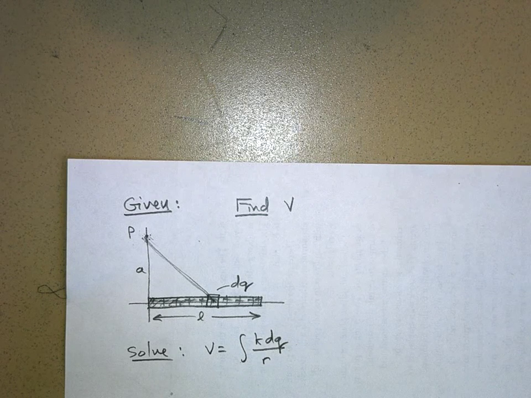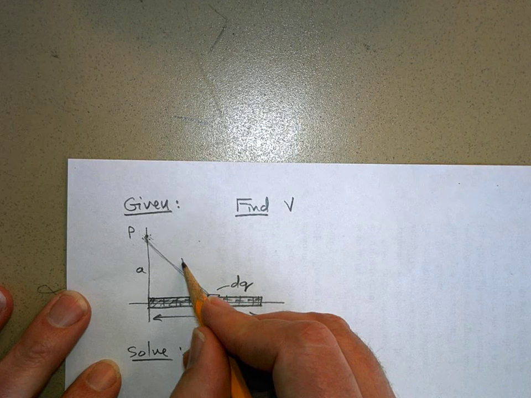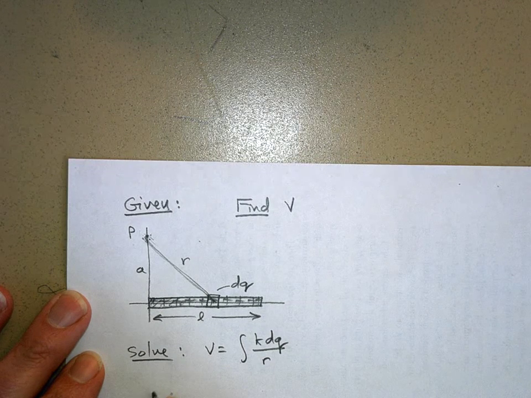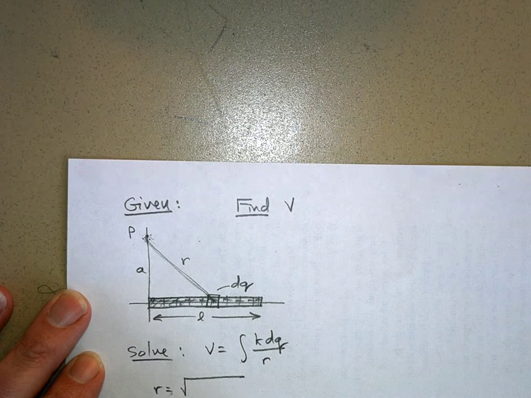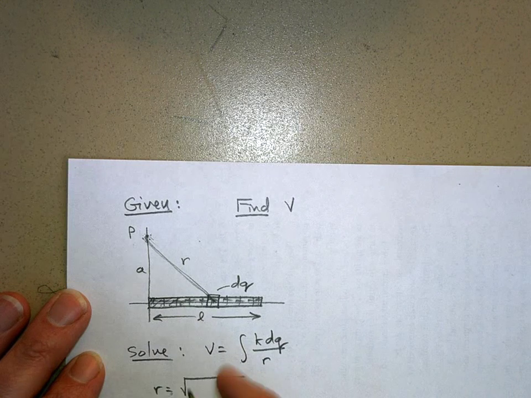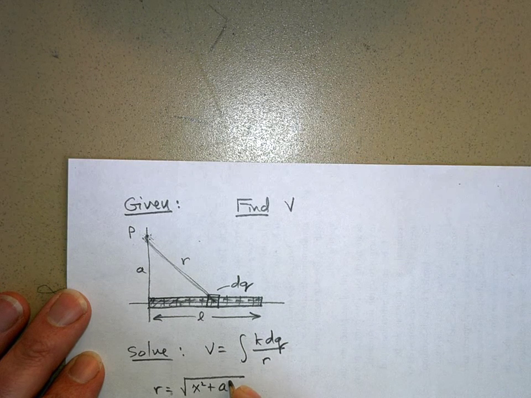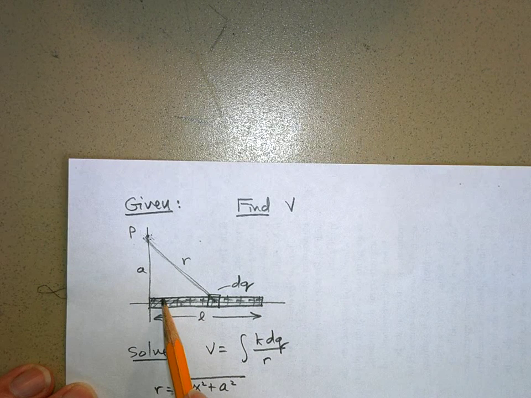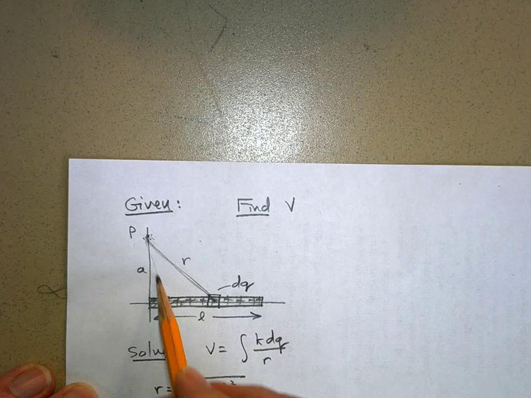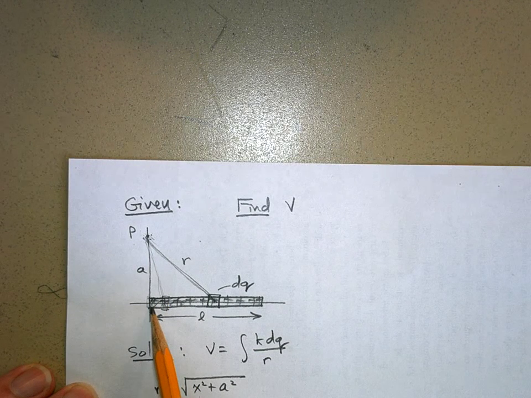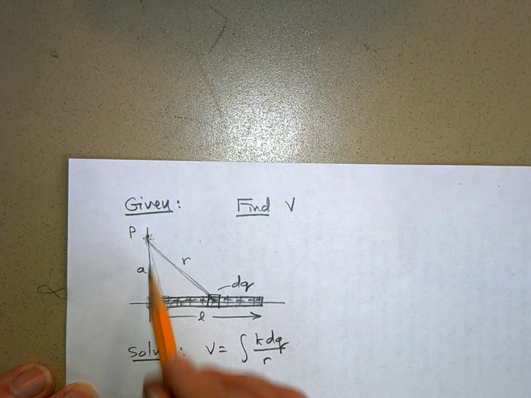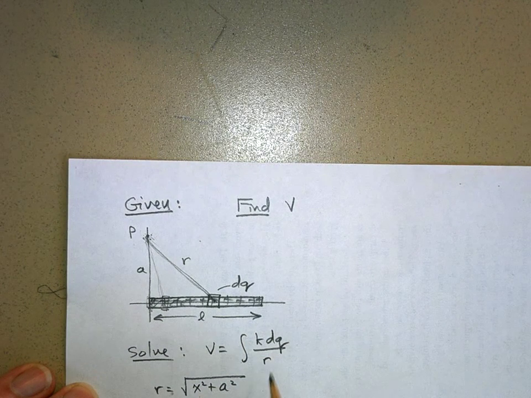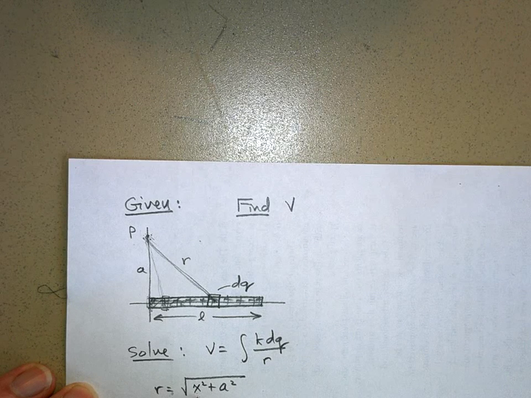Here's r right here. We can get r in terms of x, so r is equal to the square root of x squared plus a squared. But unlike the previous problem, this varies. When my dq is right here, the r is less. When x is equal to 0, my r is just equal to a, and I'm going to integrate all the way out to L. So this is not a constant like it was in the last problem.